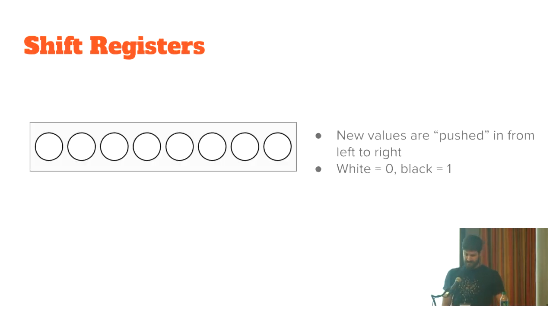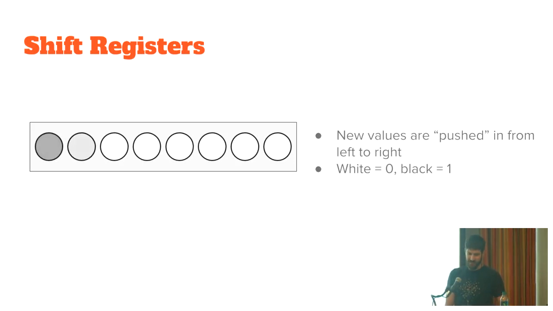I wanted to have some sort of diagram to explain how these shift registers work. There are these 3 pins that I'm not going to get into right now, like how they actually work. But as you're interacting with it in the code, and I'll show you a code snippet in a little bit, you're basically pushing values in. Here I've got black circles representing a 1, and white circles representing a 0, like positive current or negative current. I'm still working on my electronics know-how, so bear with me.